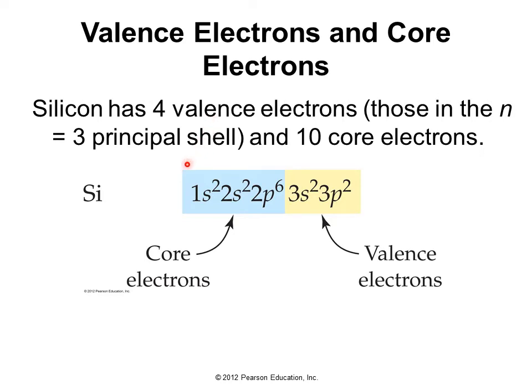Its electron configuration would be 1s2, 2s2, 2p6. That's its core group. And then we have the valence: the outermost shell is the third shell, 3s2, 3p2. So here are the 4 valence electrons, and these are the core ones.